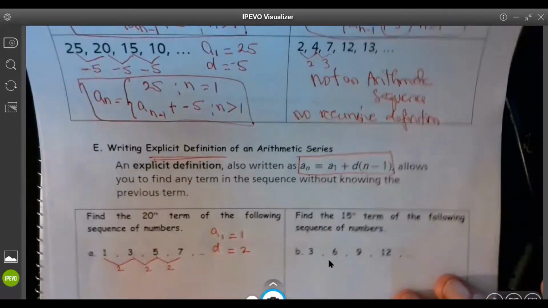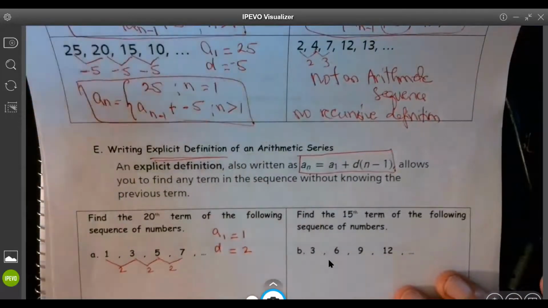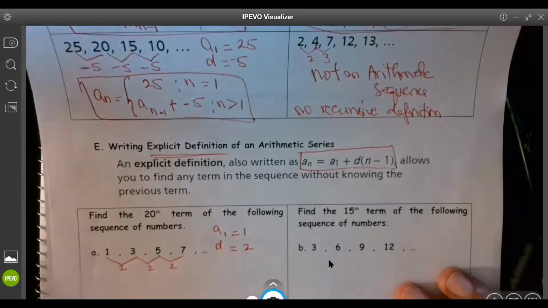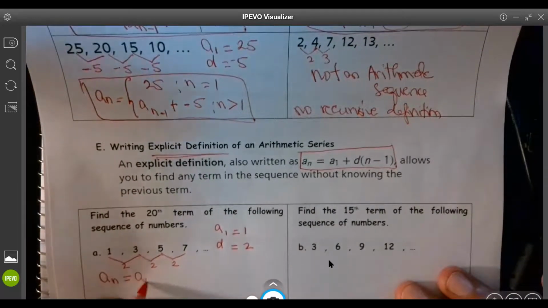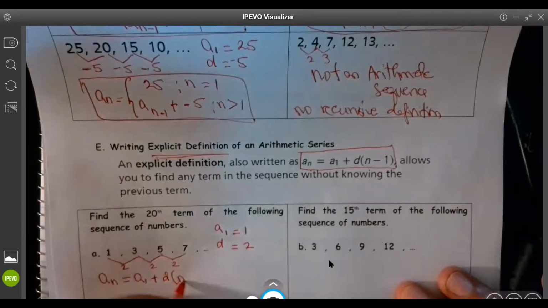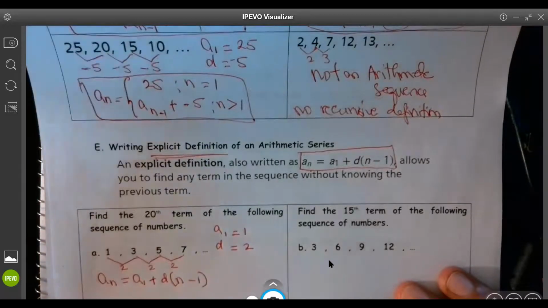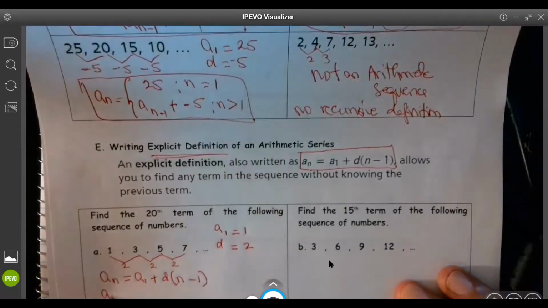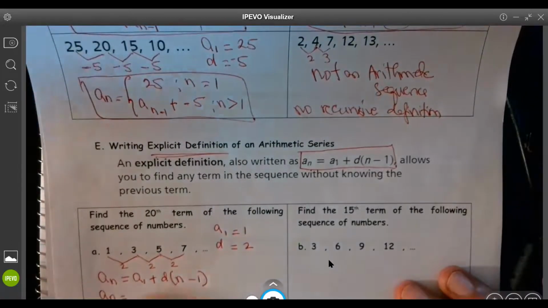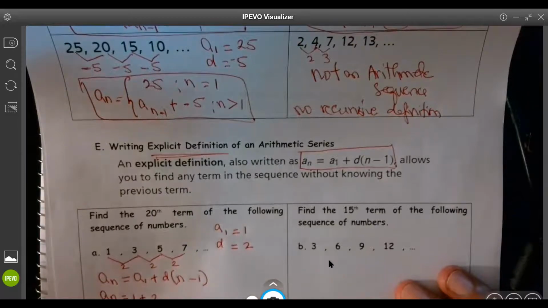And now you're going to write down the explicit formula. So which is a sub n is equal to a sub 1 plus d times n minus 1. So I just plug in these values here. So now I have an is equal to a1 is 1 plus d is 2, then n minus 1.